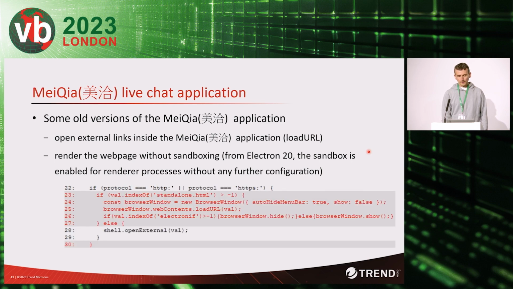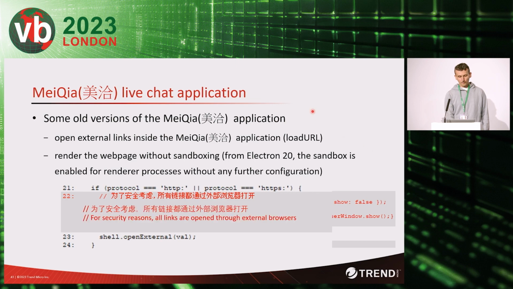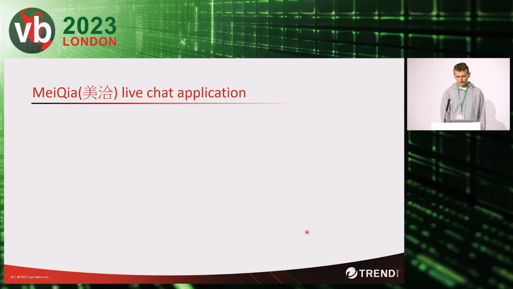This was later noticed by the developers, and they put in this comment, which says, "For security reasons, all the links are opened through external browsers." So this was the main reason why exploiting this vulnerability was successful in the past: the Electron application didn't enable sandboxing.